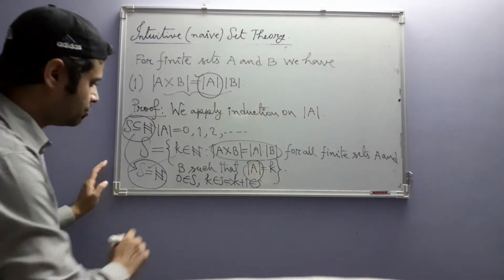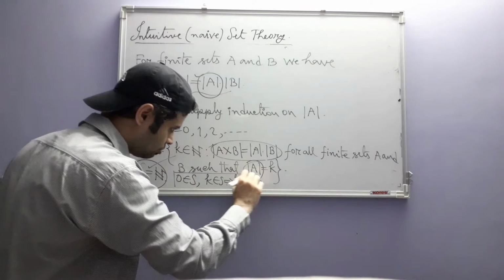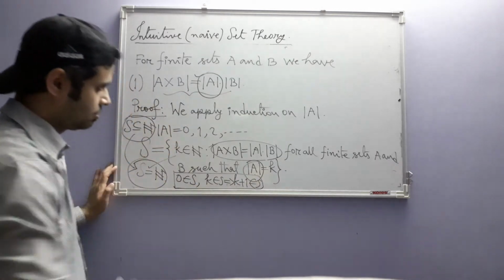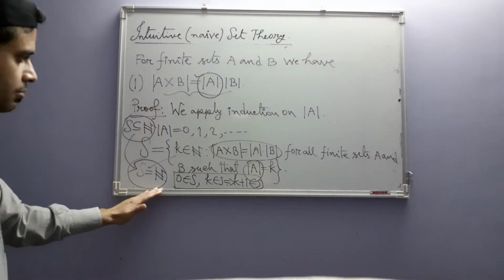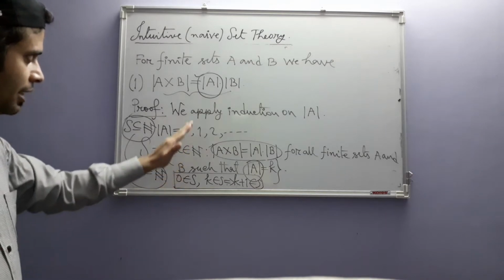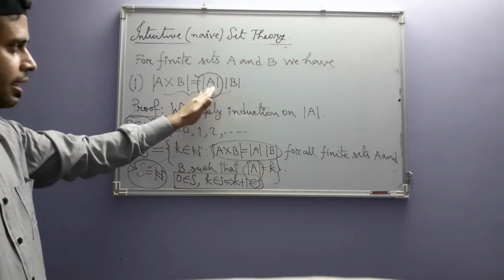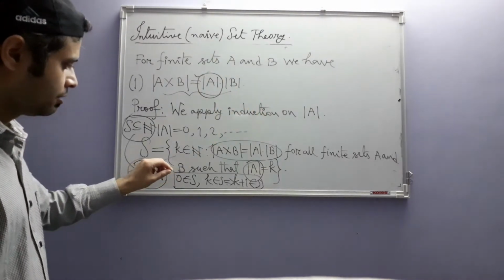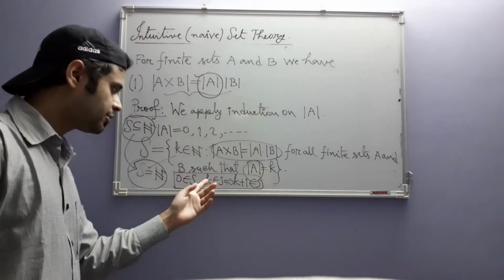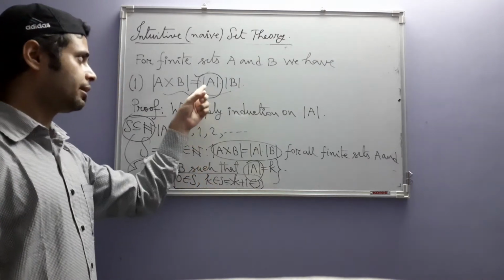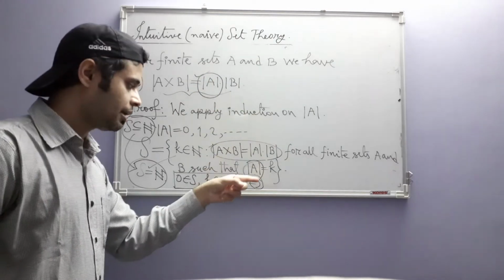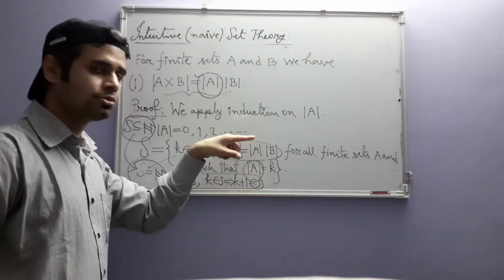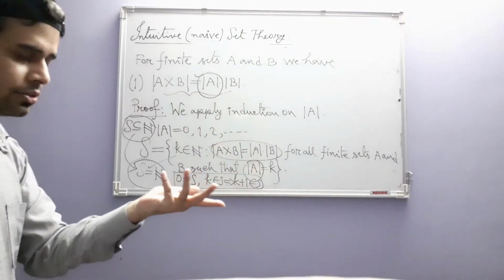So all we have to do now is show these two things. In other words, we have to show that whenever A has 0 elements, this formula is true, and having assumed that the formula is true when A has k elements, we have to prove that it is also true when A has k plus 1 elements.